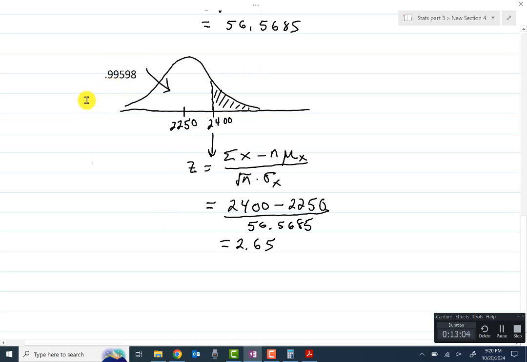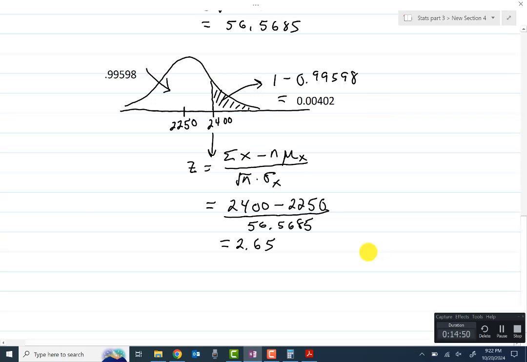The table gives me 0.99598. So the other one then, 1 minus 0.99598 equals, and final answer, 0.00402.